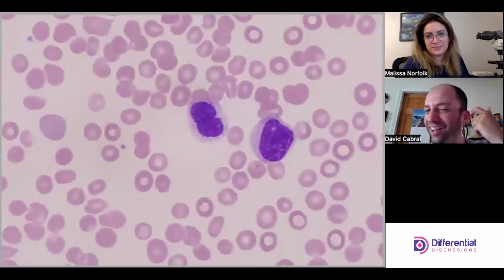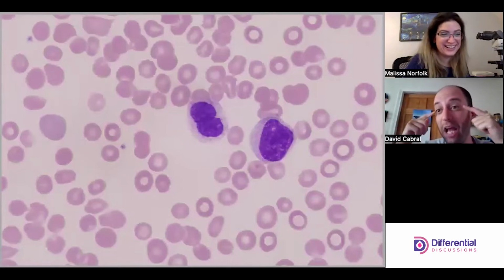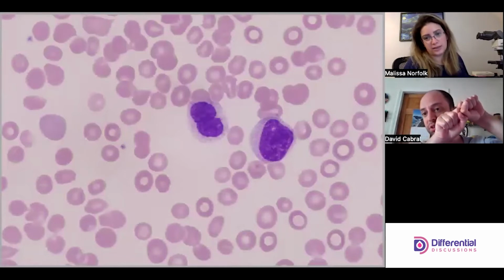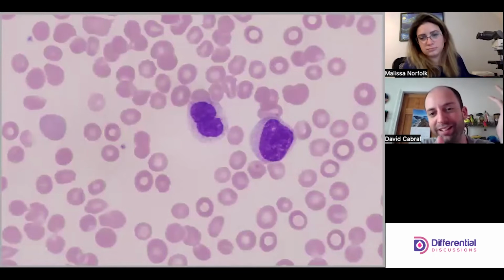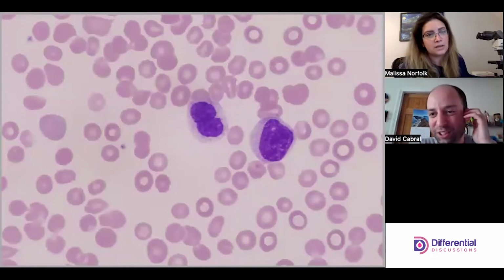So should we start on the one on the left, I guess? Yeah, sure, why not? So what my eyes are seeing looks like 2 lobes. Yes. So definitely in the neutrophil lineage, and I mean, it's kind of a neutrophil, I think. Yeah. It's goofy, but I think he's just hyposegmented.